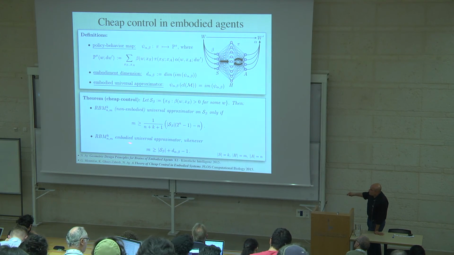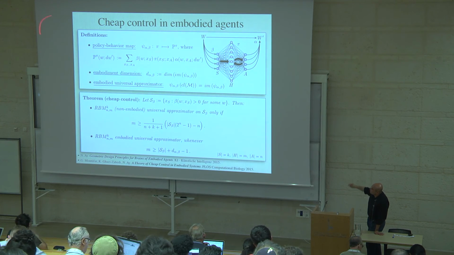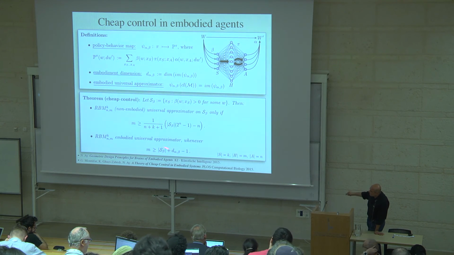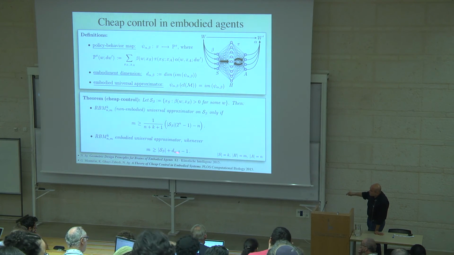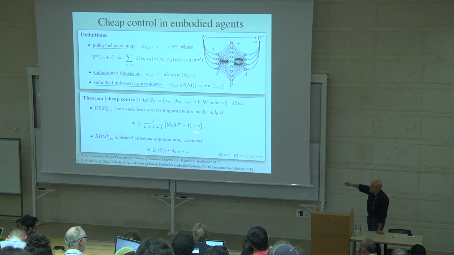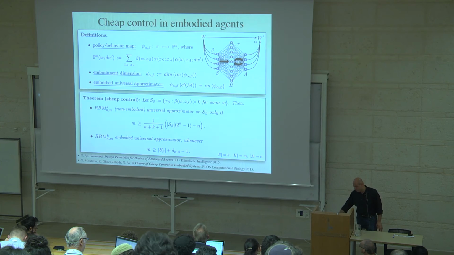But now if you use the embodiment constraints, so you don't want to model all policies, but you want to model all possible behaviors from W to W prime, then this reduces to a sufficient number lower bounded by this cardinality of the possible sensor states plus the embodiment dimension minus 1. Okay? I will try to convince you that this is actually a strong reduction in an experimental case study. So let us apply this.